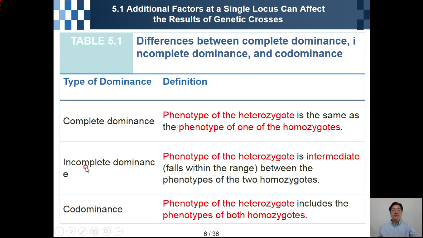How about incomplete dominance? The phenotype of the heterozygote is intermediate between the phenotypes of the two homozygotes. How about codominance? The phenotype of the heterozygote includes the phenotype of both homozygotes. This is what we call codominance.